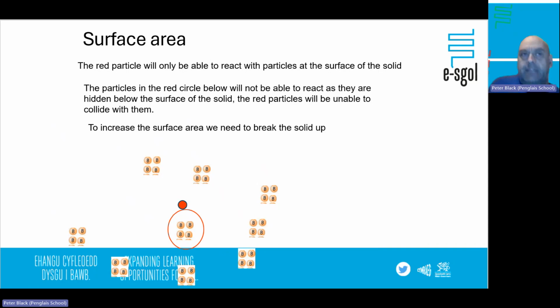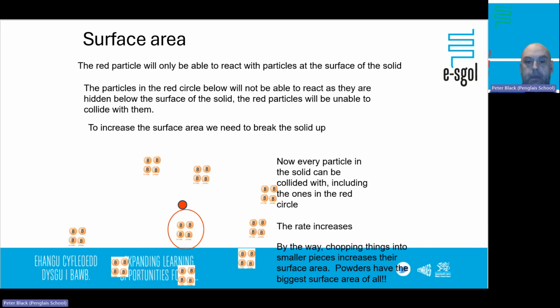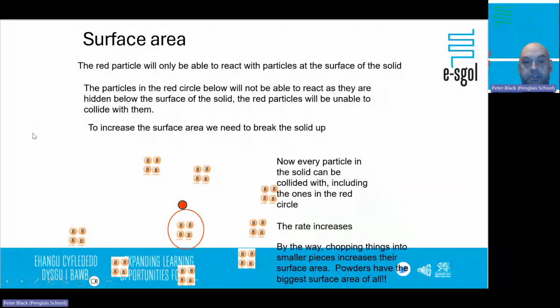You've got to bear in mind, if I've got, let's say, 10 grams of apple, and then I cut it up into smaller and smaller pieces, I've still got 10 grams of apple, but a lot more surface. Okay, so higher surface area, more collisions per second, because there's more particles at the surface to react with.